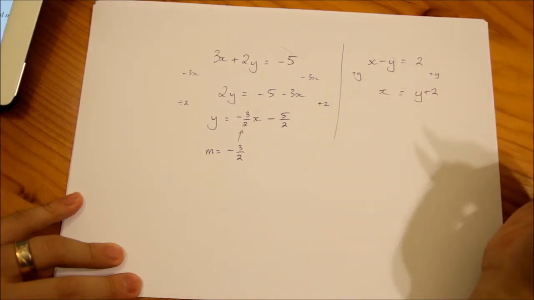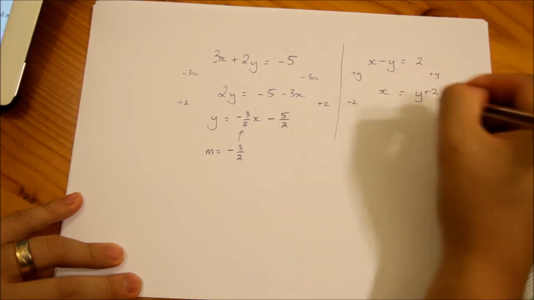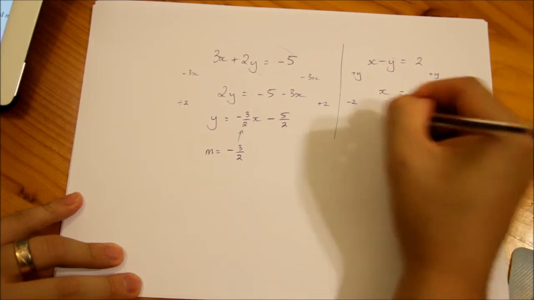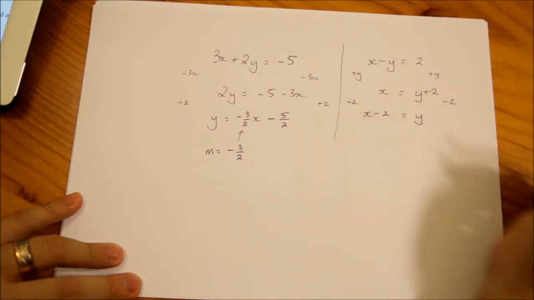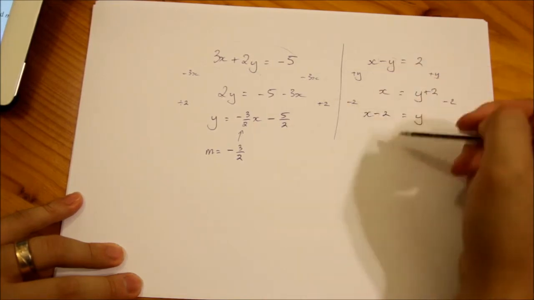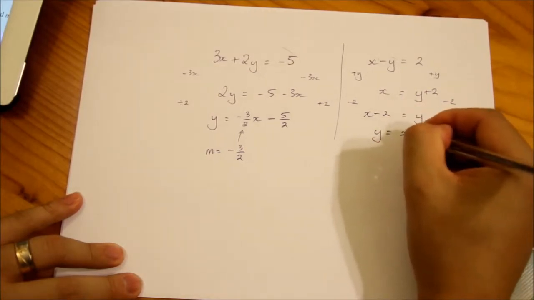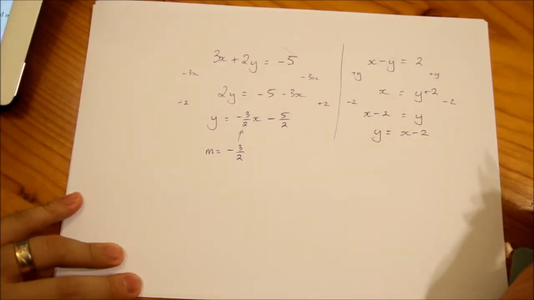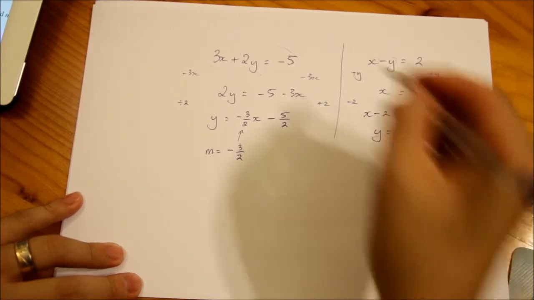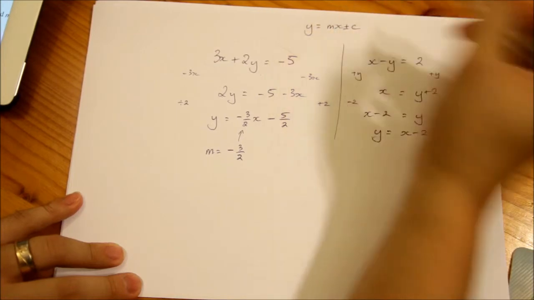And then I'd want to subtract 2 from both sides, so I'll have y equals x minus 2. Now just because the y is on the right hand side, I'll swap them around, so y equals x minus 2. It's just the same thing. Now I have this equation that meets this pattern, y equals mx plus c.